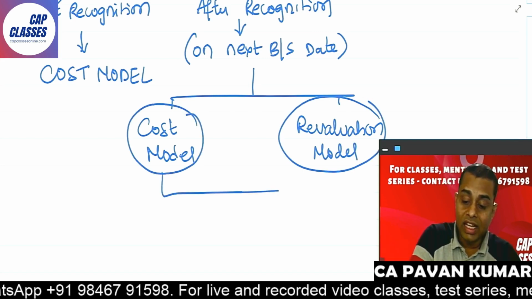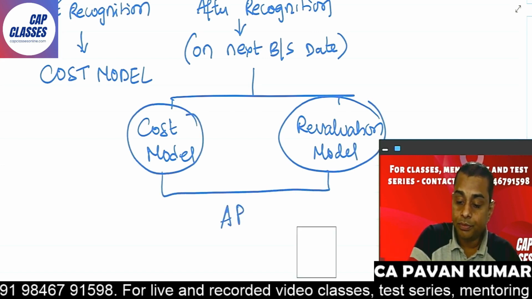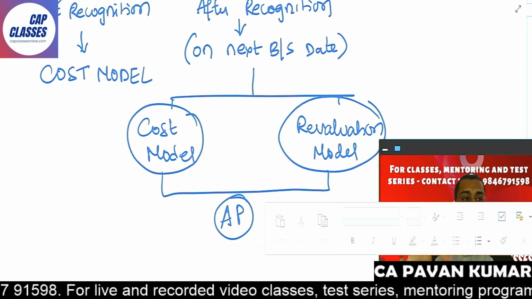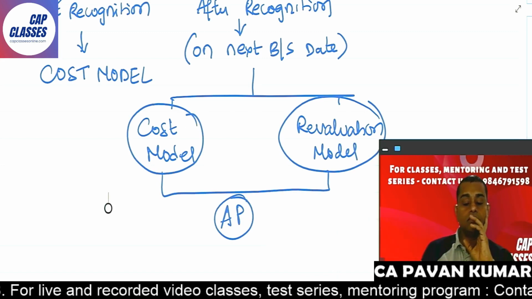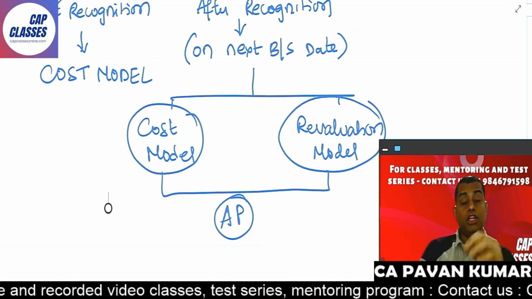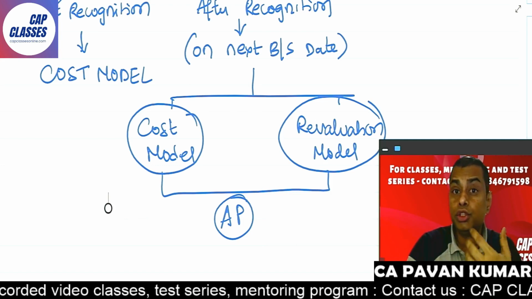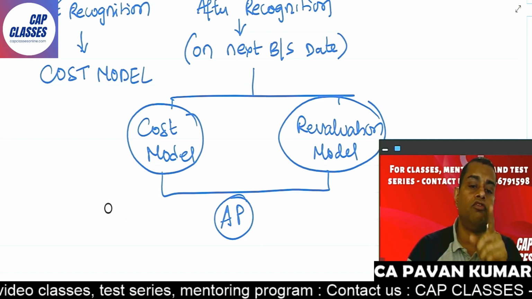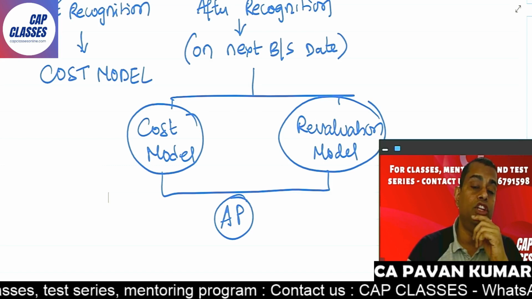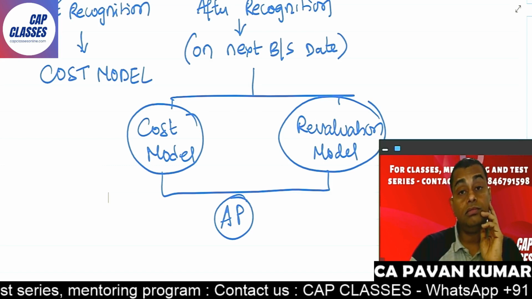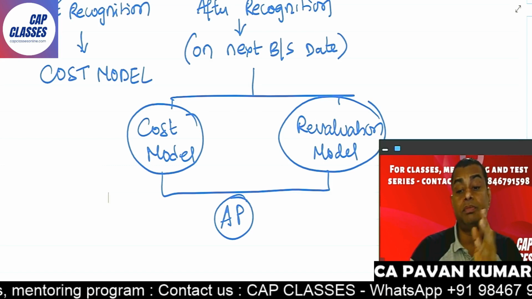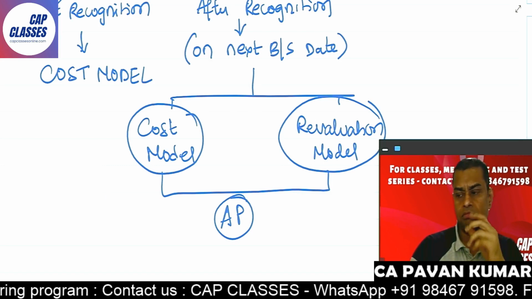Two options. So this is your accounting policy. You can choose. Pavan sir, for this particular asset, I'll go with cost model. Okay. Pavan sir, for this particular asset, I'll go with revaluation model. Okay.